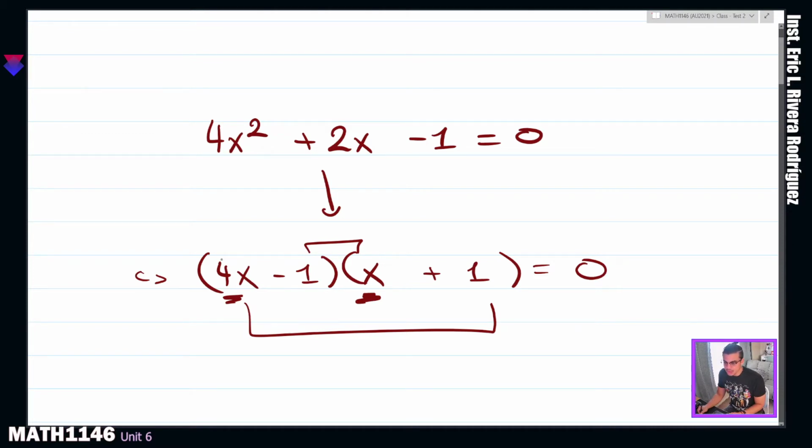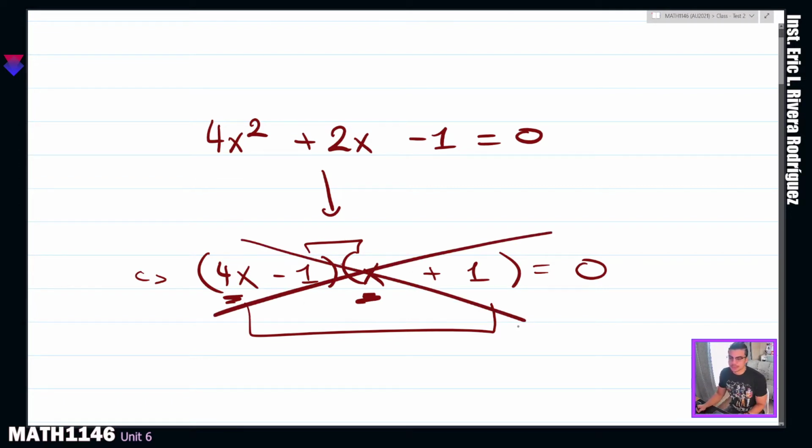And you will notice that it is going to be impossible right now, with what we know, to find the two linear factors of this quadratic equation just by going through this trial and error method. So this is not possible here, and this is something that you need to keep in mind.